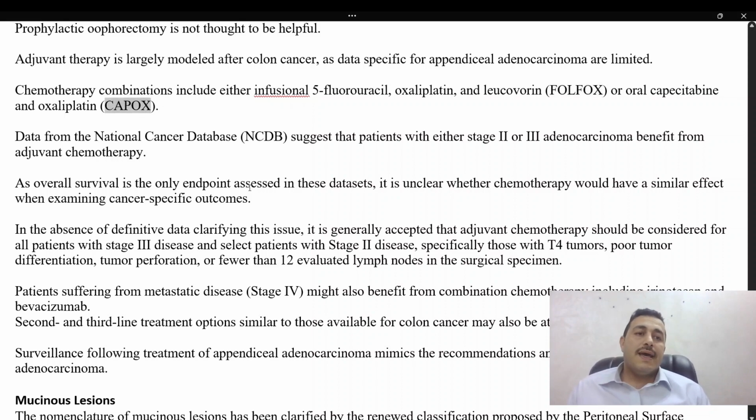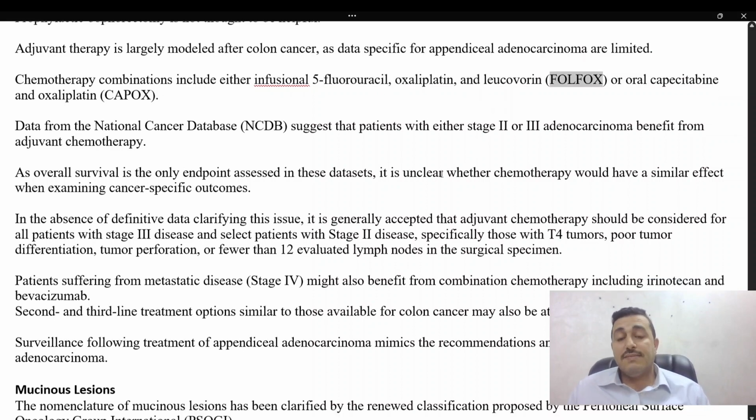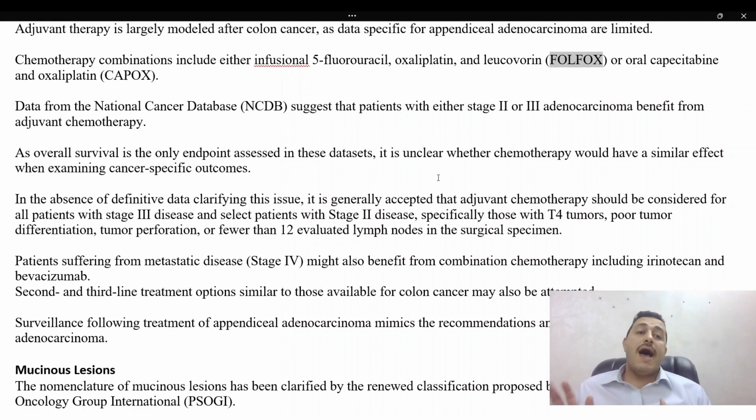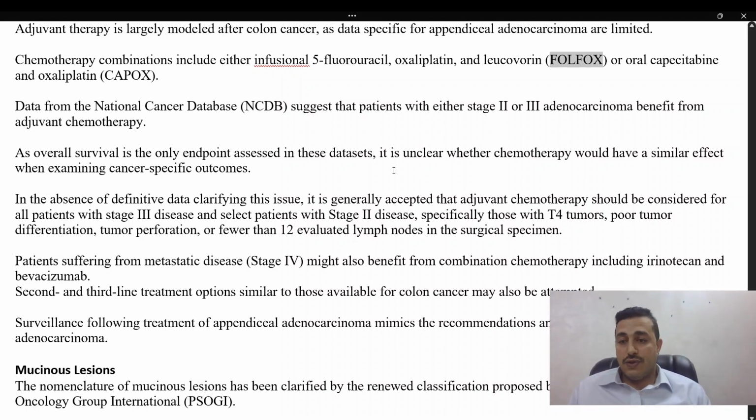CAPOX is capecitabine with oxaliplatin. FOLFOX is 5-fluorouracil, oxaliplatin, and leucovorin. Doesn't matter. Yes, there is a role for chemotherapy, especially in stage 2, 3, and some of stage 4, and that's all, I think.